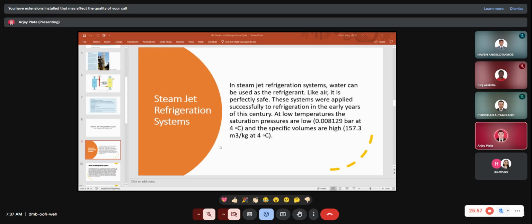That's the concept of the steam jet refrigeration system: lowering the saturation pressure of the water, or the boiling point of water.